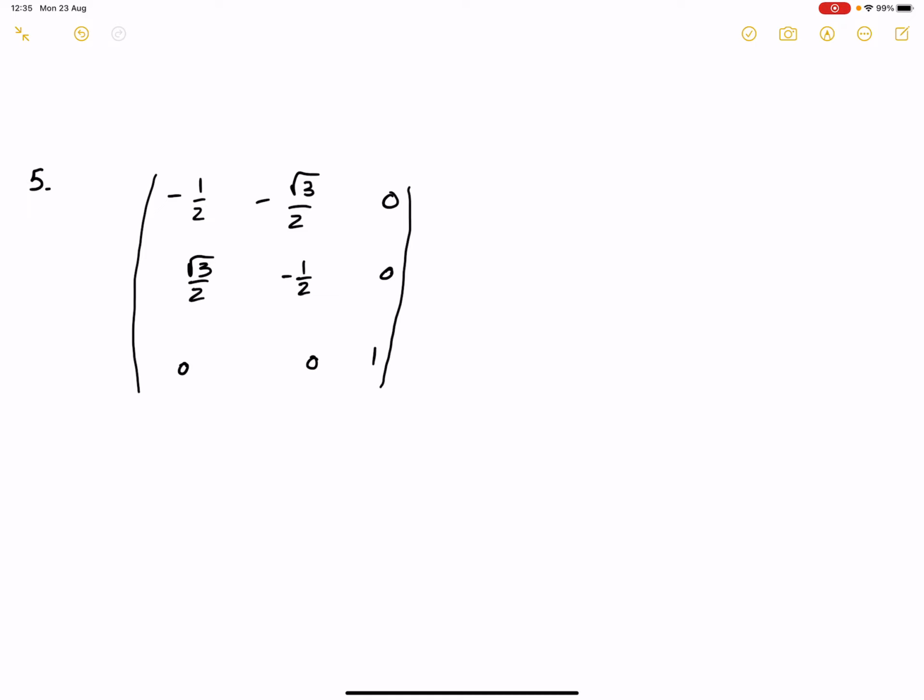Now, the rotation around the z-axis, this looks very similar to that matrix. If you see a matrix with 4 squares that look a bit nasty, and then zeros elsewhere, and then one fixer, I like to call it, then it's going to be a rotation matrix.